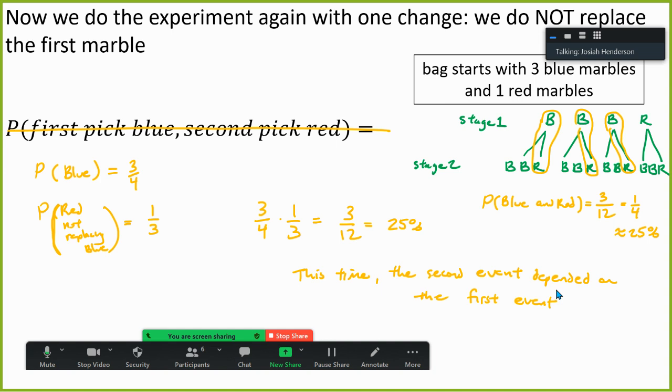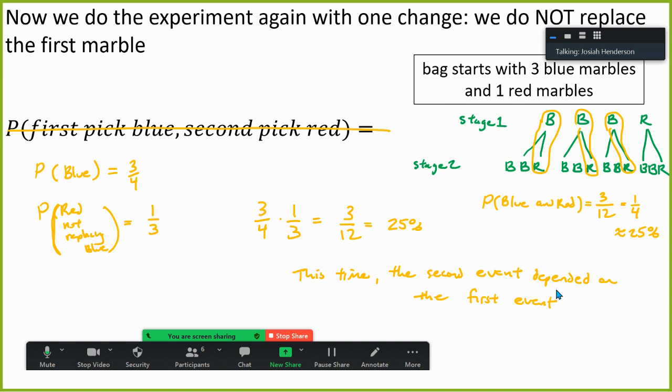Instead of being, what did we have last time? 1 out of 4, it's 1 out of 3. So we had to account for the fact that we removed it, and that totally changed our sample space, and it changed our available outcomes.